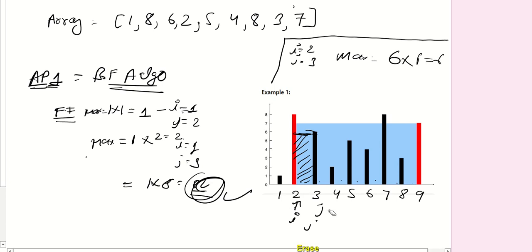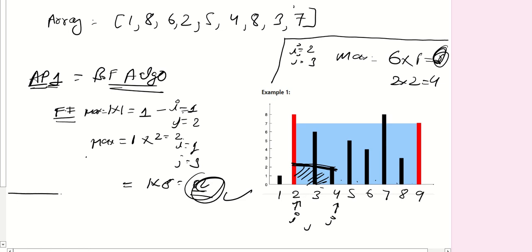Now let's say you increment j by 1, so j comes over here. Now how much can you store? Whichever is the lower pillar, up to there you can store, right? So this will be 2 into 2, which is 4, but that is less than 6, so your maximum will be 6 only. Likewise you keep on iterating, and till the end you will get your answer.